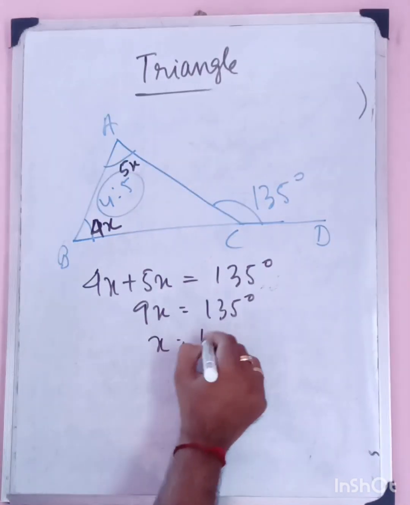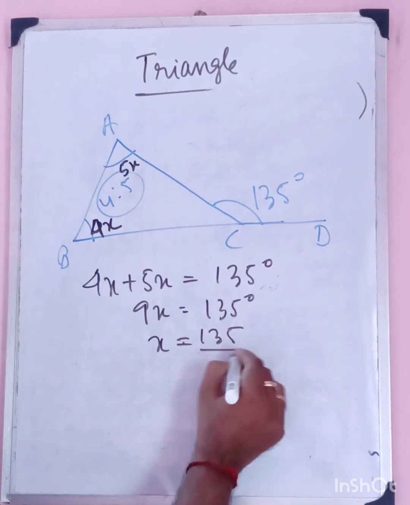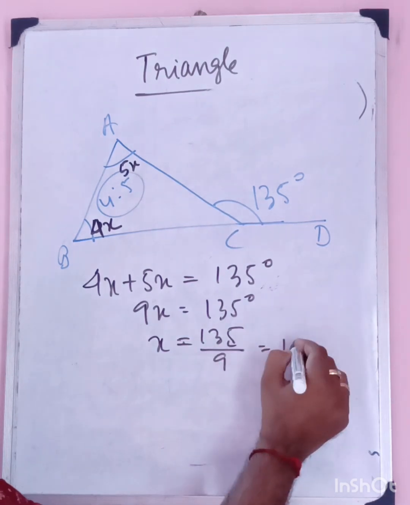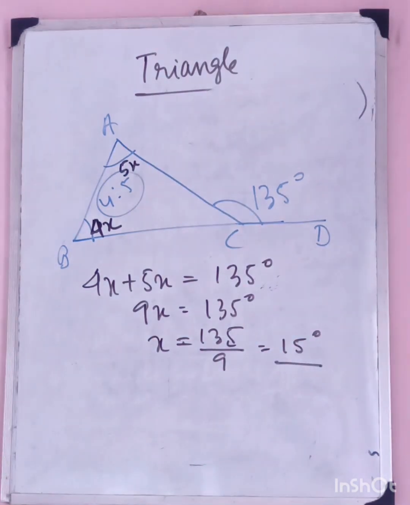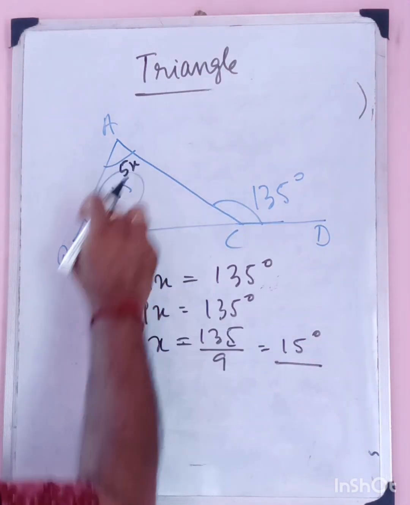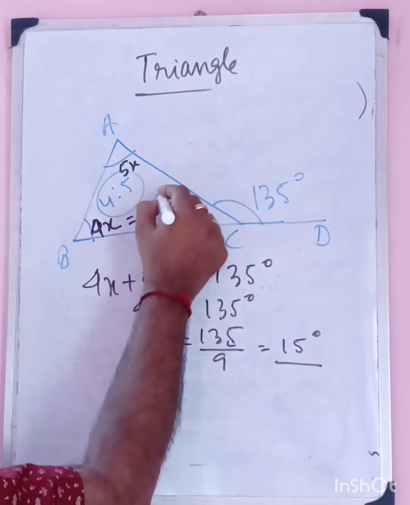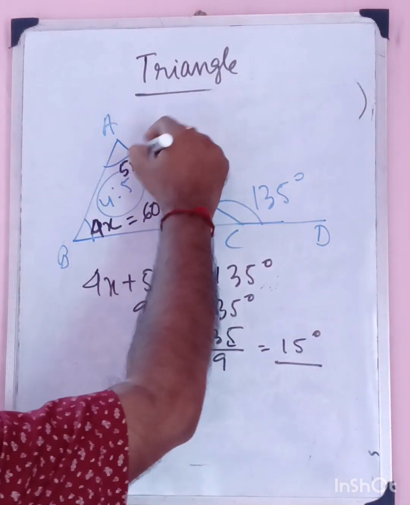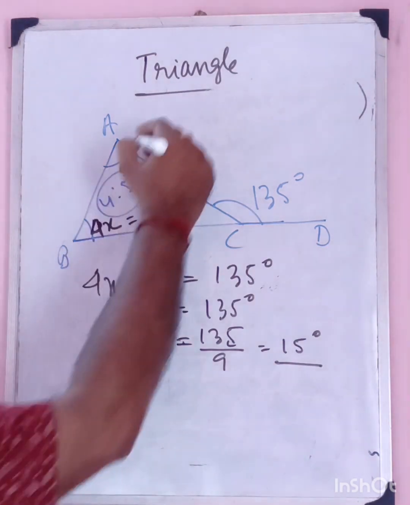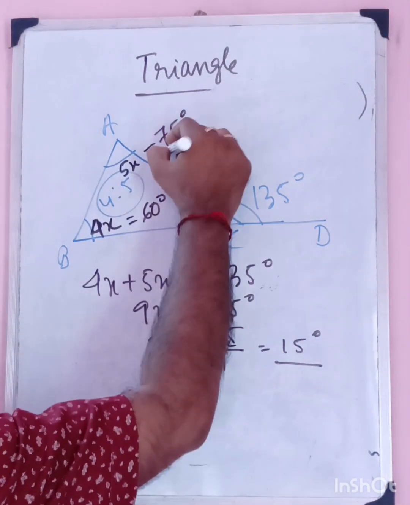So x equals to 135 divided by 9 equals to 15 degree. So if x is 15 degree, this one is 4x, that is 4 into 15, 60 degree. This one is 5 into 15, 75 degree.